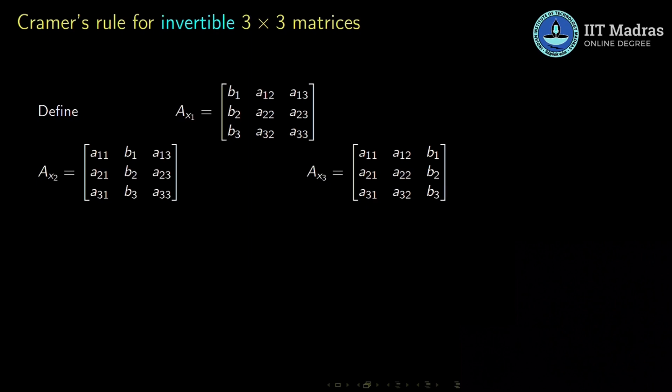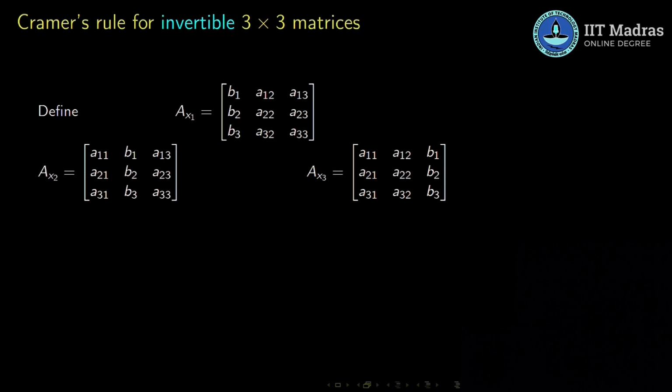So, A subscript x1 is where you replace the first column of A by the column vector B. A subscript x2 is where you replace the second column of A by B, and A subscript x3 is where you replace the third column of A by B.